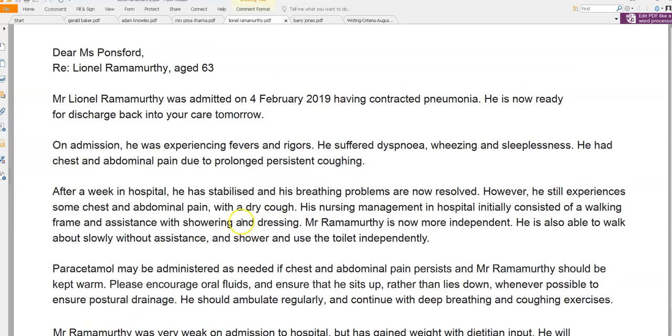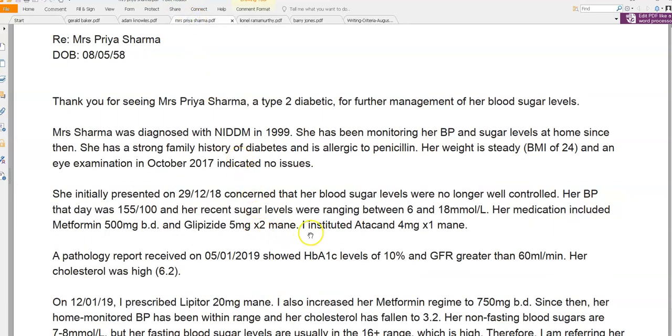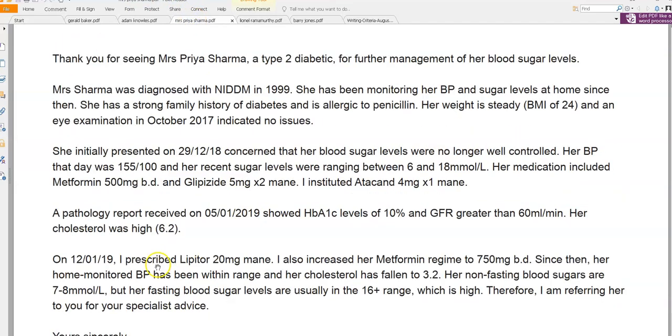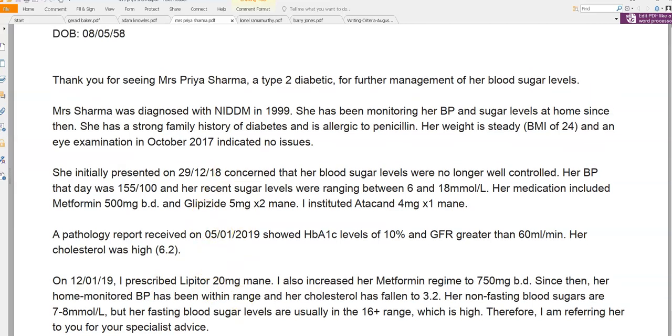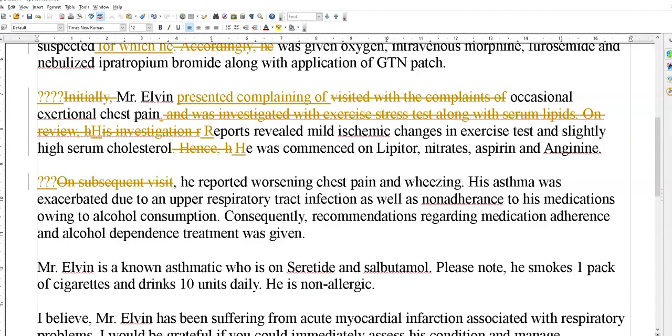There's some use of active and passive in these. Have a look. Ah, yeah. See, I instituted, I prescribed. So you can use active voice as well as passive. You don't just have to use passive. The reason I say that is that sometimes use of passive is too long. It's even longer than active voice and is less concise.